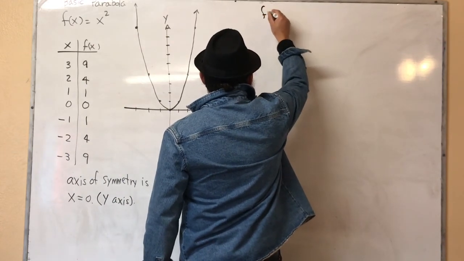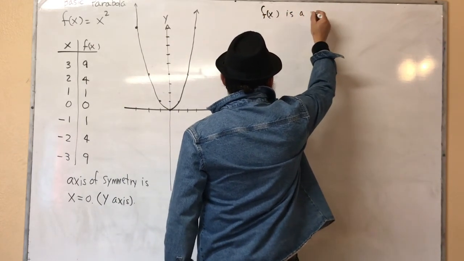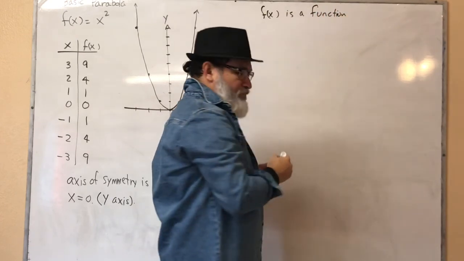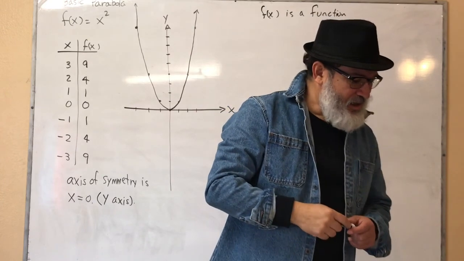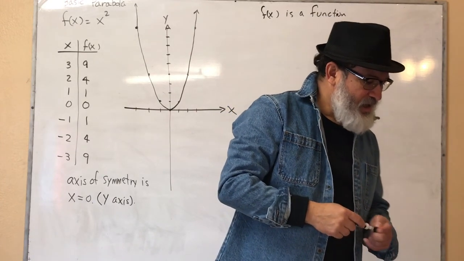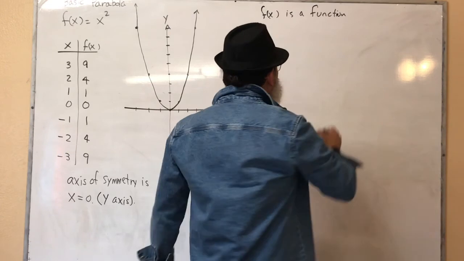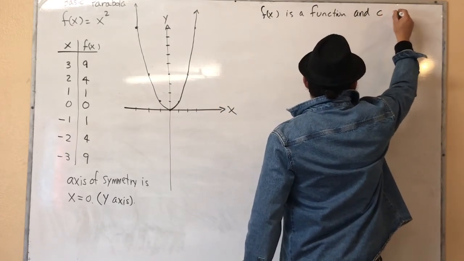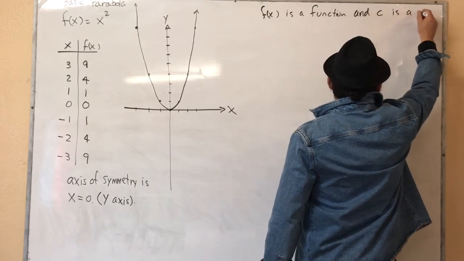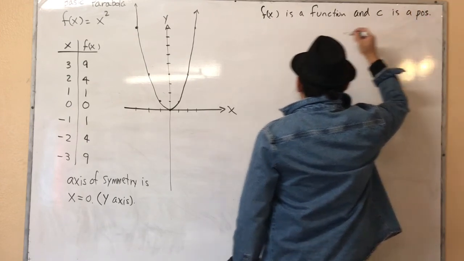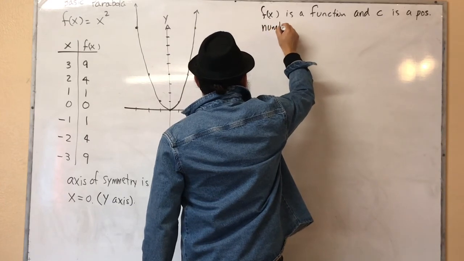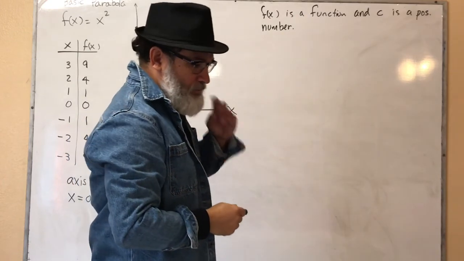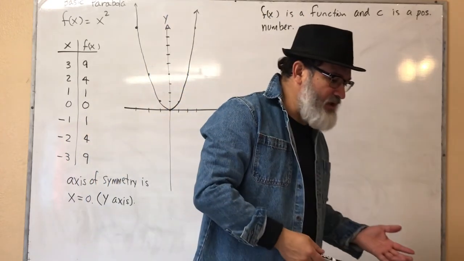So f of x is a function, page 238, and then it says, and let C be a positive number. And C is a positive number. This is what they say.